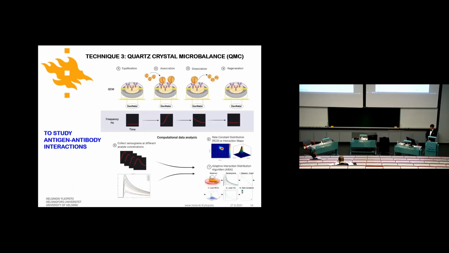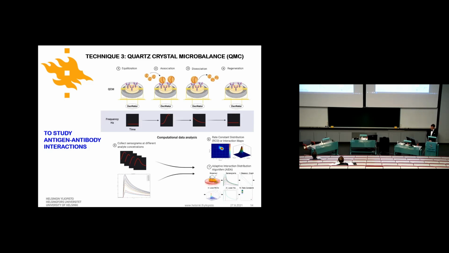Another technique which was important for us in the study of antigen-antibody interaction has been quartz crystal microbalance. In this technique, we have immobilized antibodies on top of the quartz crystal microbalance chip and then associated lipoproteins to these antibodies. The association results in a frequency change, which is registered.